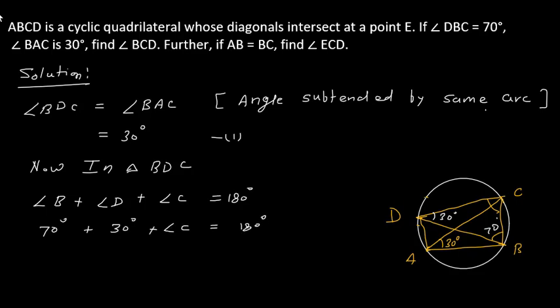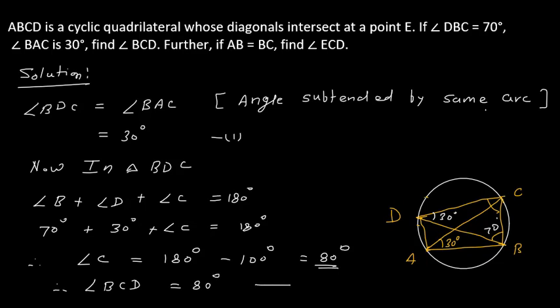So from here we get the value of angle C, which is 180 degrees minus 100 degrees, that gives me 80 degrees. So I got this angle BCD. Therefore angle BCD is equal to 80 degrees, and consider this as equation number 2.